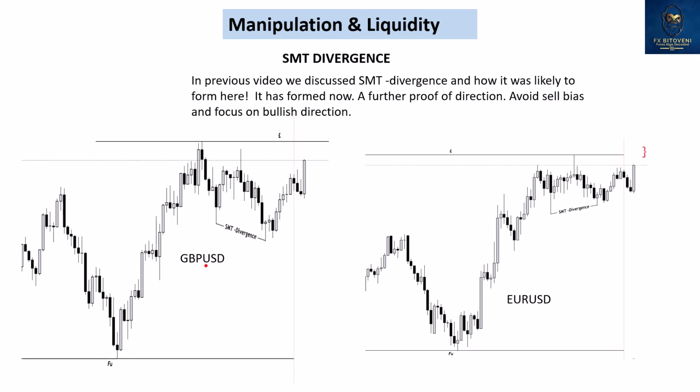So remember, when I was raising a video about candle to candle manipulation, I told you, I think price was around here. I told you that between GBP USD and Euro USD, we are going to expect SMT divergence here. SMT divergence here, as you can see.